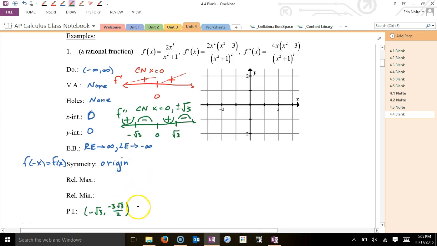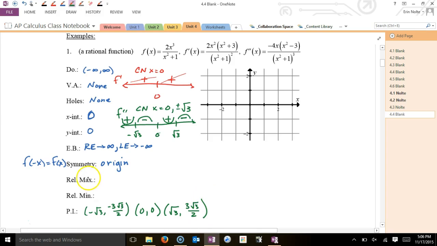If you plug 0 in, because it's our other x value, 0 into the original, I would get 0 over 1, which is 0. And then if I plug in the positive square root of 3, I end up getting the positive version of the other over 2.